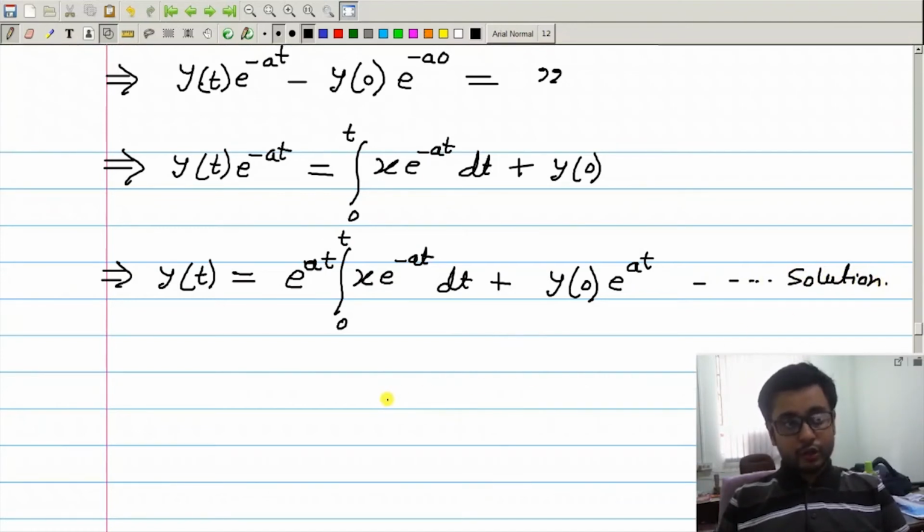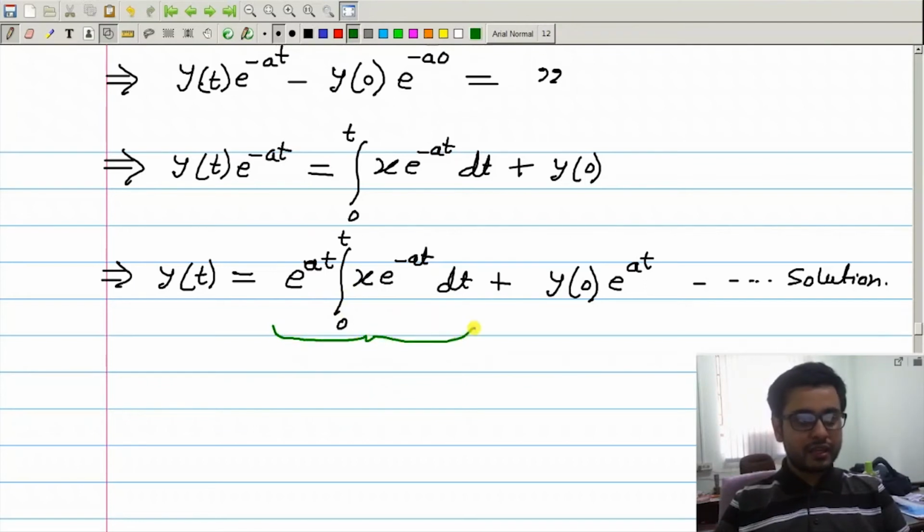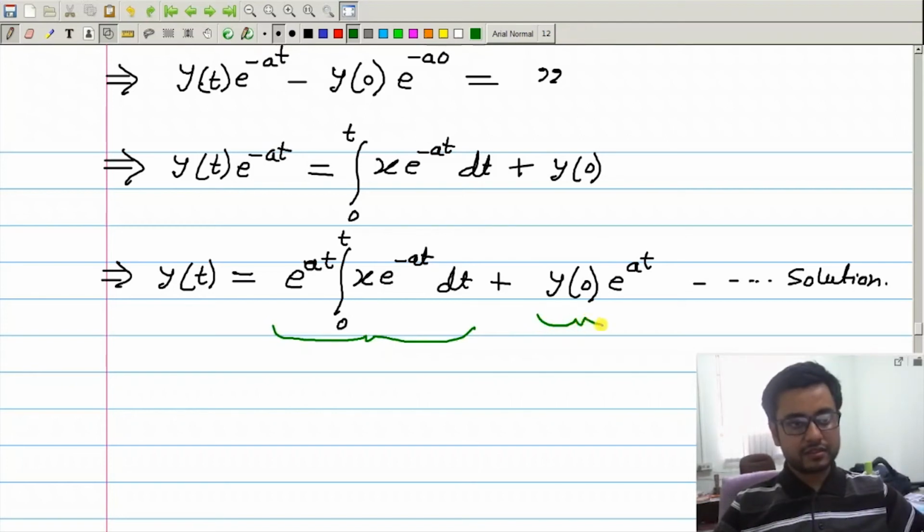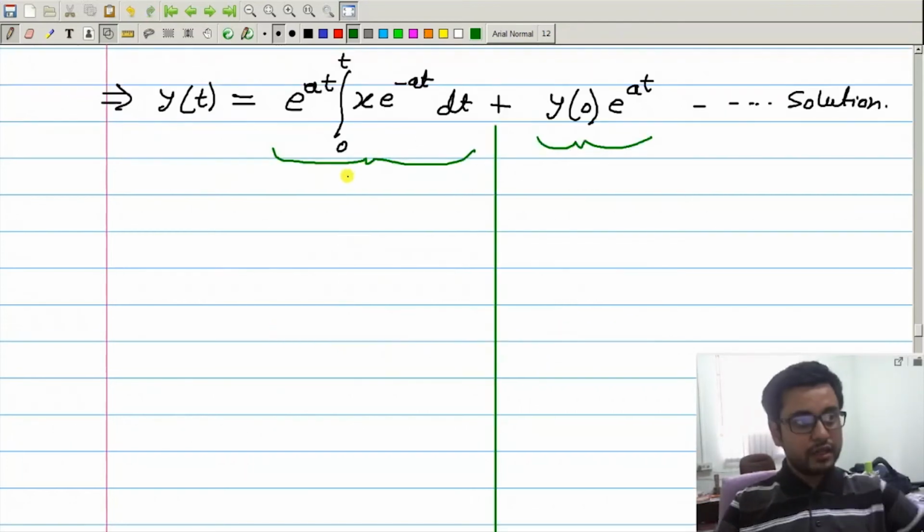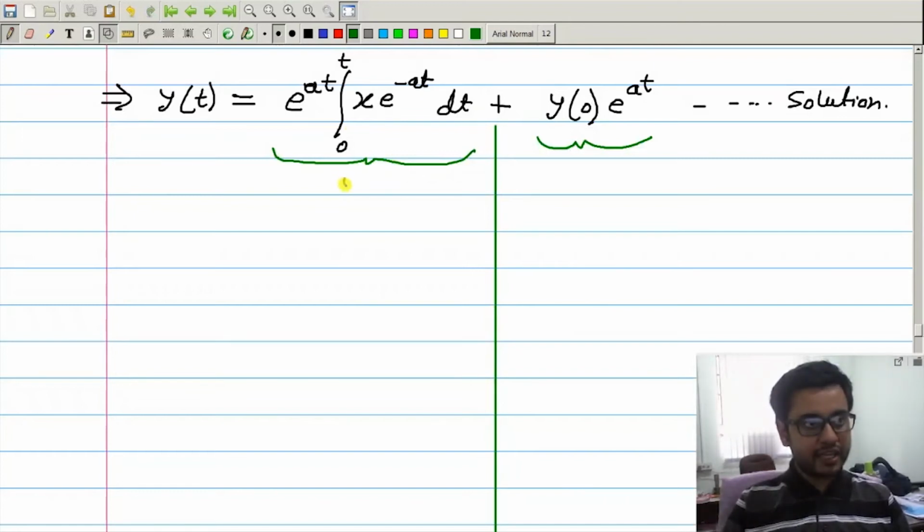Now note that this solution has two terms, one here and another here. Let me call this term y_f(t) and this as y_n(t).